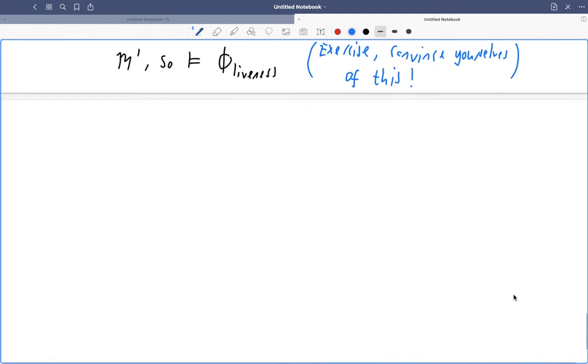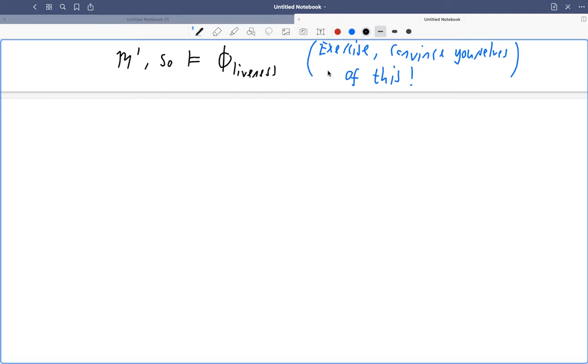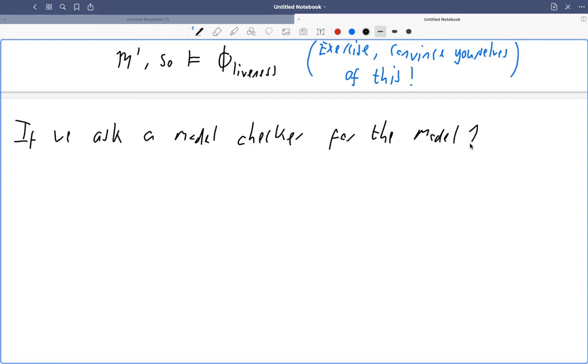Okay, so if we ask a model checker for the model M prime, it will give us the reassuring answer, yes. Meaning phi liveness is satisfied.